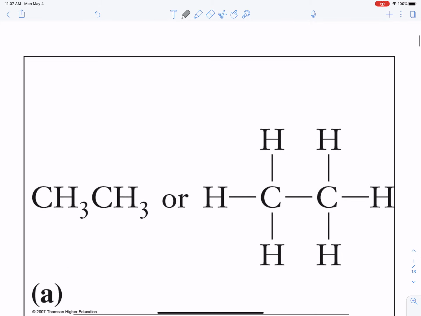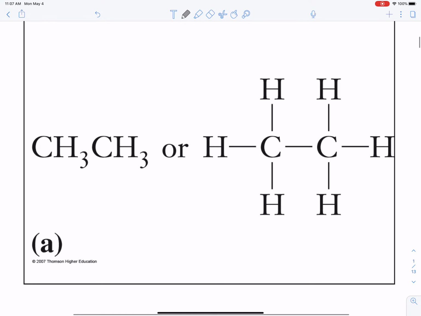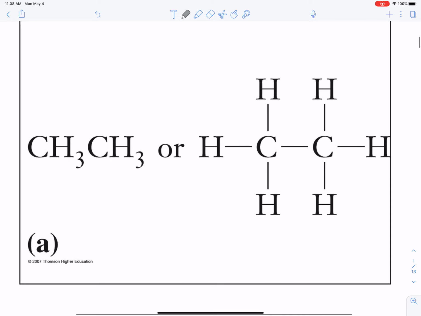So, without further ado, there are lots of ways that you can draw out organic compounds. The one on the left is a Lewis structure of ethane. Okay, it's a Lewis structure. So that means that we're showing bonds around each of these central atoms.